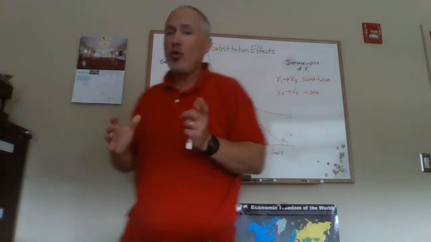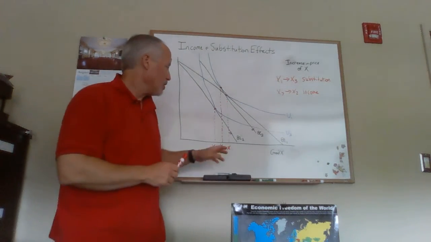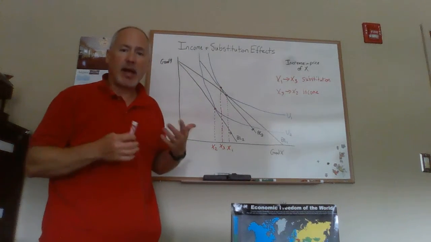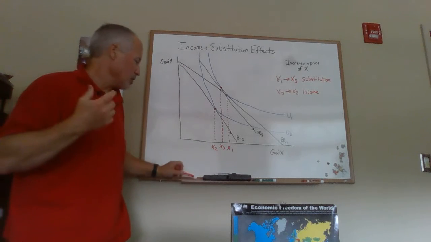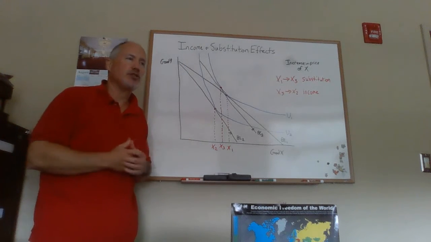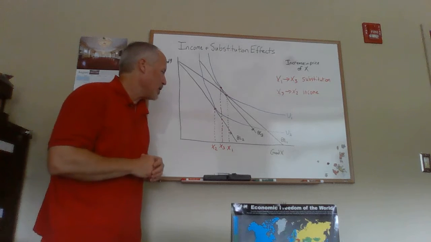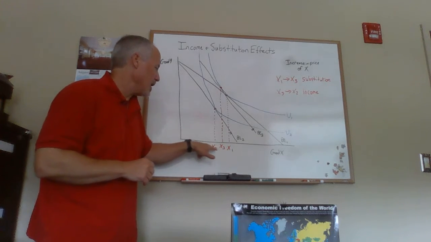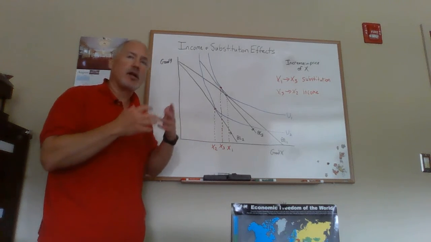And when we add those two together, we get the overall change in quantity demanded that we would have seen, going back to after you introduce demand curves and talk about a change in quantity demanded. X1 to X2 is the change in quantity demanded that we would see.